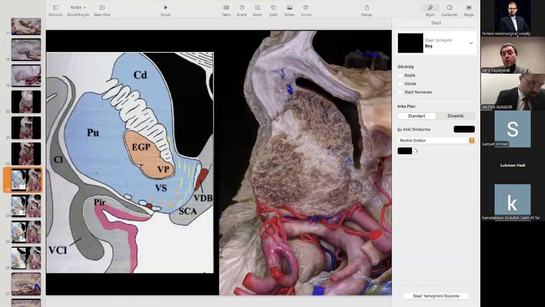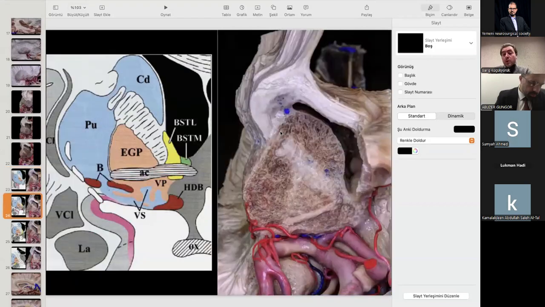Let's go a little bit more posteriorly. We begin to see the foramen of Monro. After the foramen of Monro, the head of the caudate nucleus will be the body of the caudate nucleus, with the internal capsule, the lentiform nucleus, and the anterior commissure. And we go more posteriorly.